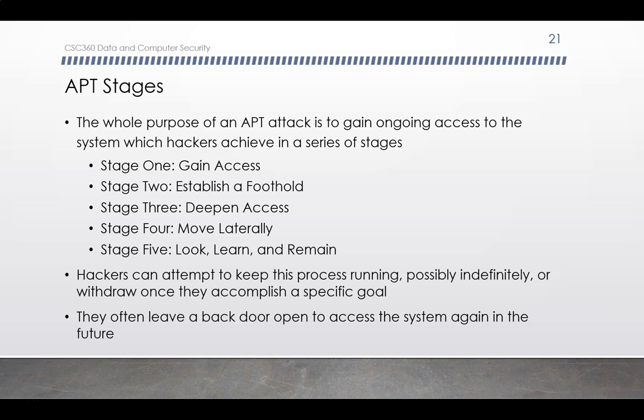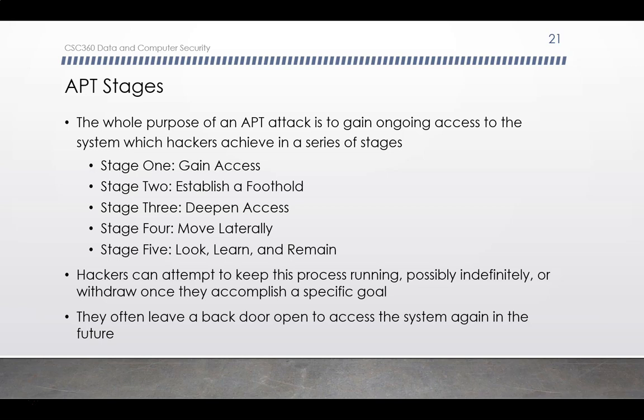Stage 1, gaining access. Similar to the way a burglar forces open a door with a crowbar, cyber criminals usually gain entry through a network, an infected file, junk email, or an app vulnerability to insert their malware into a target network.